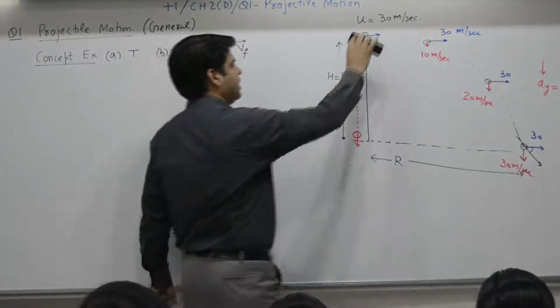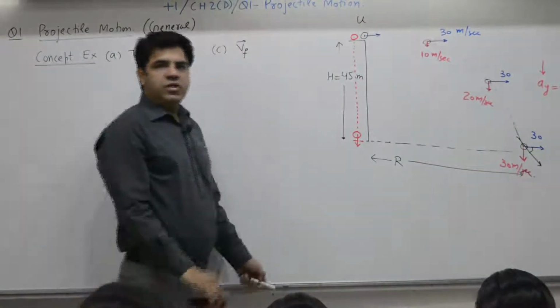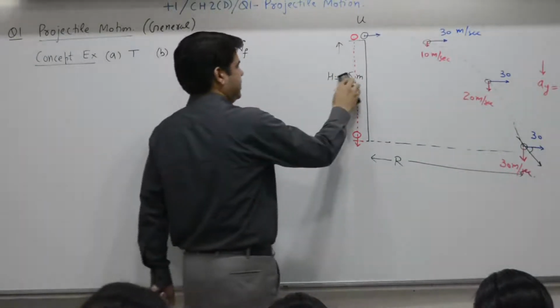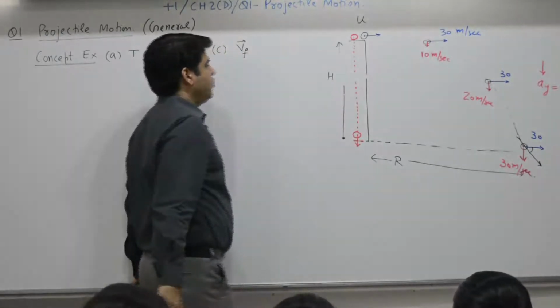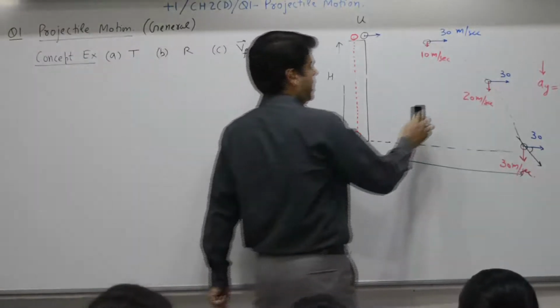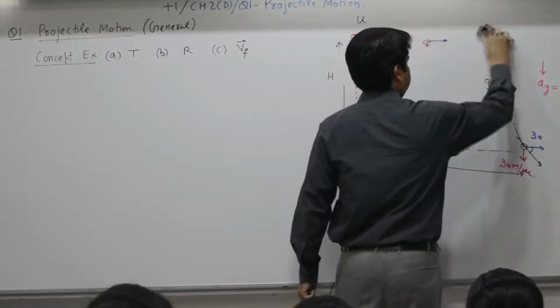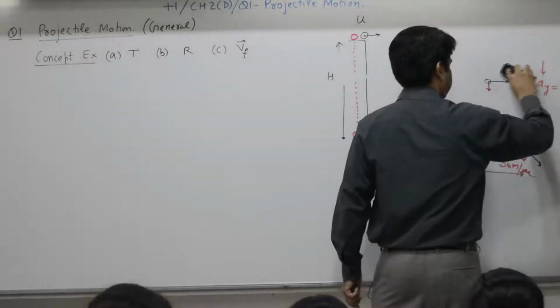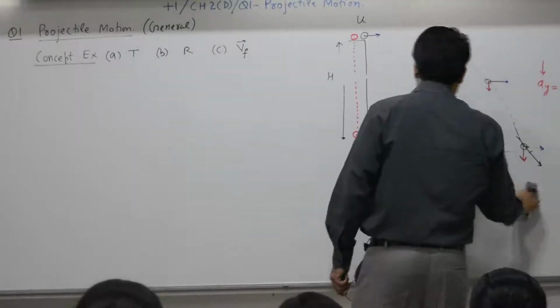Now, the general case. You fire a particle with velocity U from a building of height h. You have to find the time of flight T, range R, and final velocity.